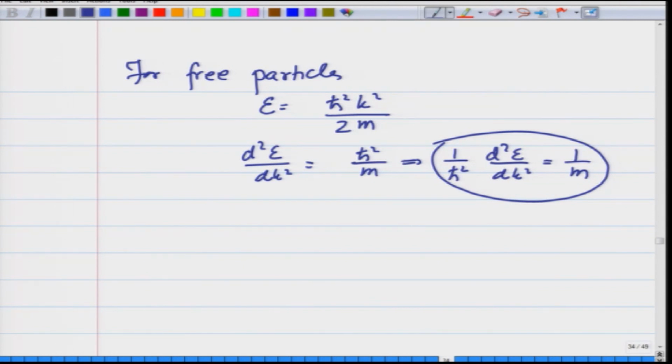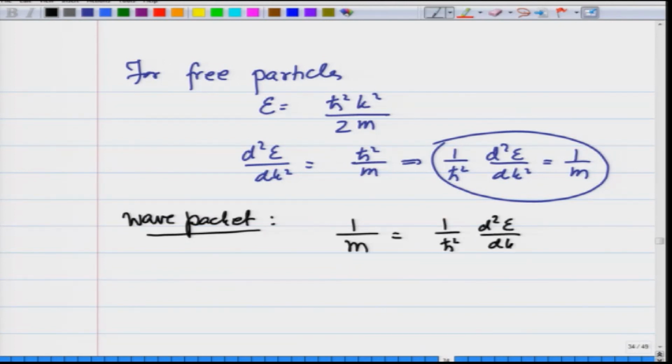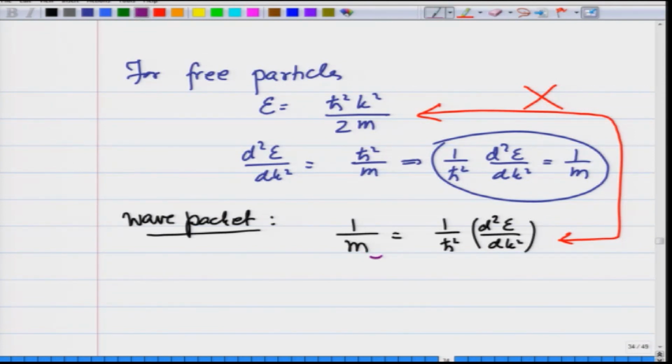And what we are finding is, even when we make a wave packet by mixing these Bloch waves, even then the mass effectively can be seen as 1 over h cross square d2E by dk square. But the E versus k relationship is not like this, and therefore, this mass is necessarily different from the free electron mass, and therefore, we call it the effective mass of the particle.